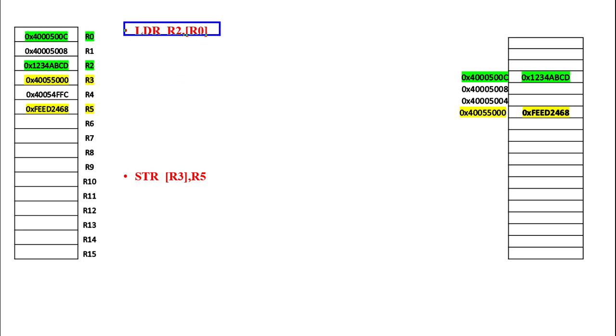I'm considering two use cases. One is LDR R2, [R0]. The square bracket indicates a memory. Whenever there is a square bracket, it is a memory. You should understand it that way.